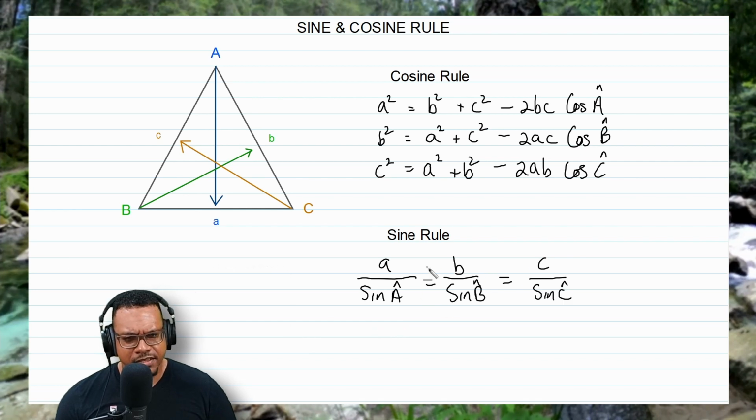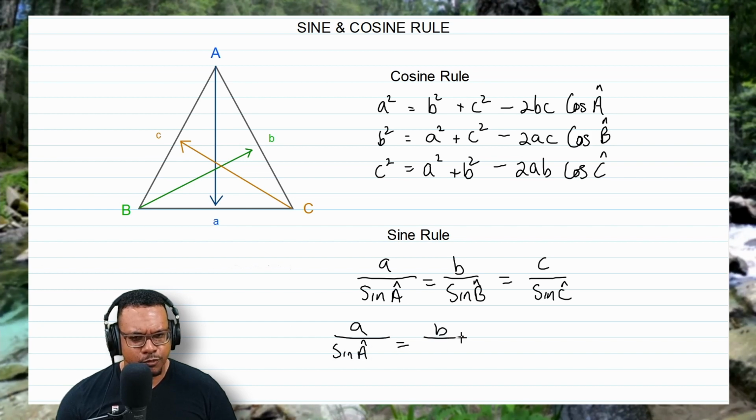Now what does this mean? You could have a over sine capital A is equal to b over sine capital B. And we can use this to solve for either angle A or angle B, or side a or side b.